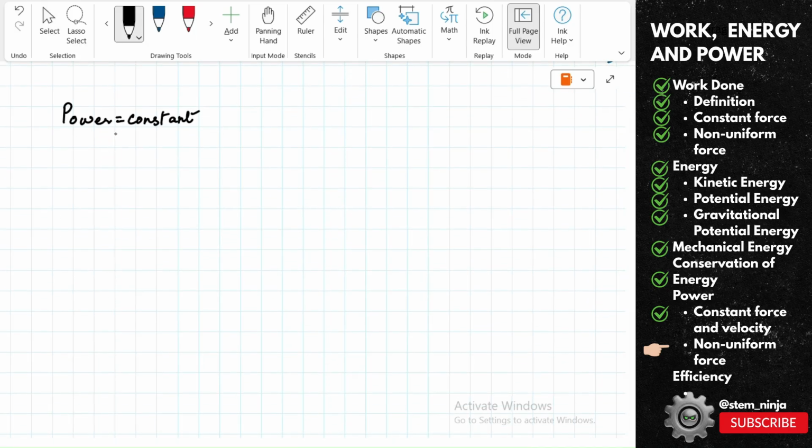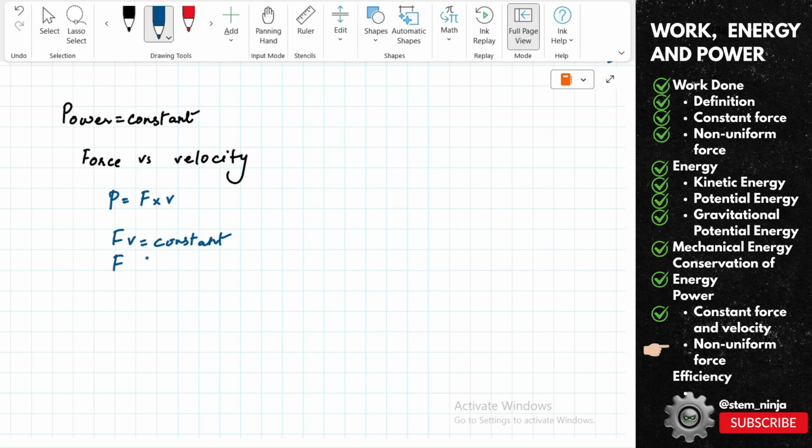So we need to see, if power is constant, how would force and velocity look like? We know power is related to force times velocity. So if power is constant, that means that Fv would be constant, which loosely means that force would be inversely proportional to velocity.